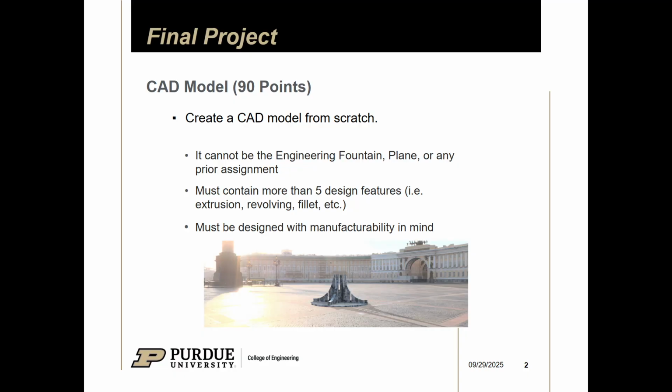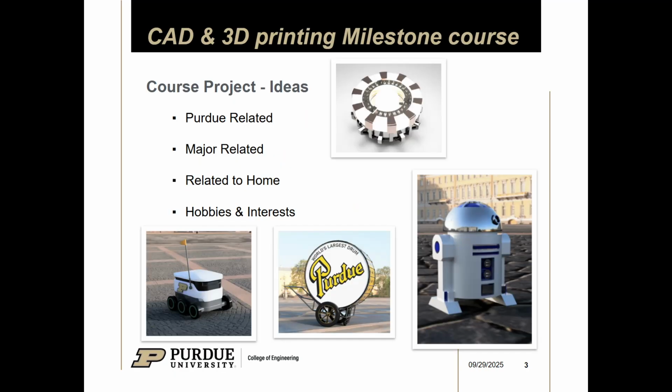Again, I don't really have control over what you submit for your finals. So if you're really in a bind and you have 8 million exams that you have to take and you just need to crank something out, you can do that. But you've seen from some of the other slides that some people spend a lot of time on this and create some really awesome stuff.